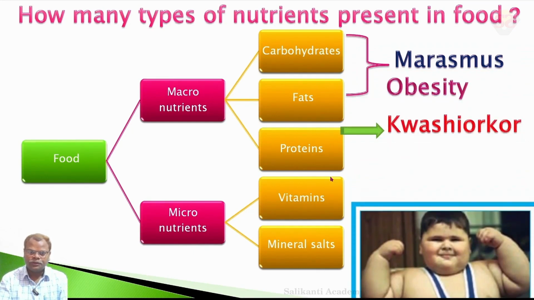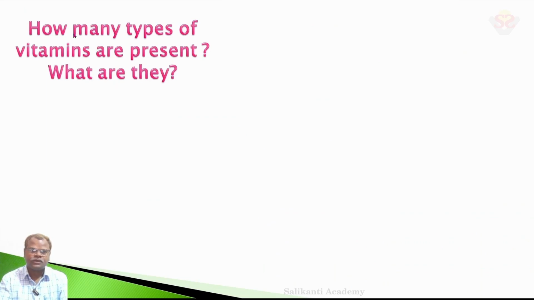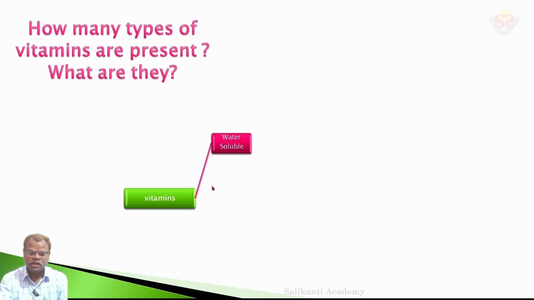Now we are going to learn what types of micronutrients and what types of vitamins there are. How many types of vitamins are present? Vitamins are of two types. One, water soluble, and second, fat soluble.